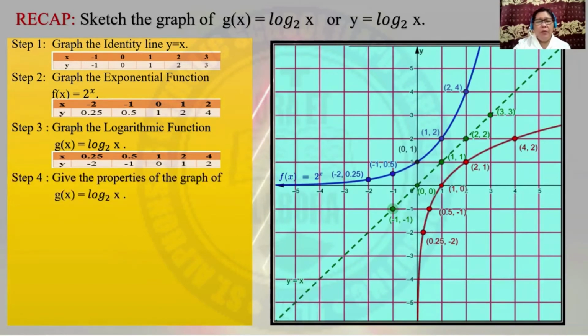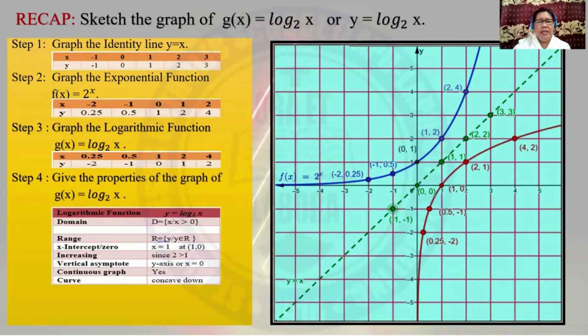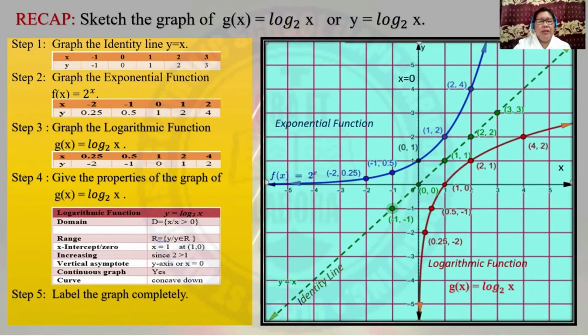And then afterwards, we have to give the properties. So these are the properties of the logarithmic function. And then we have to label the graph completely. Do you have questions? If there is none, let's proceed.